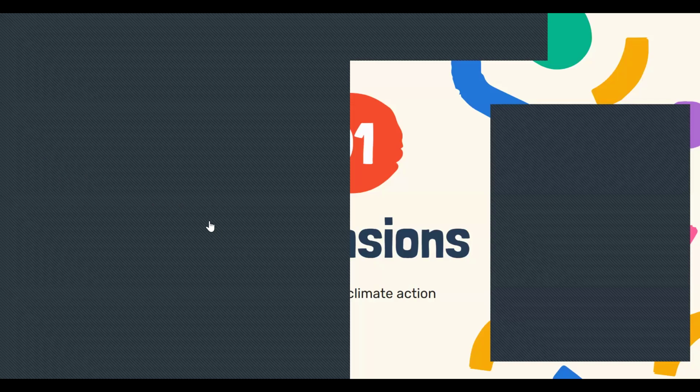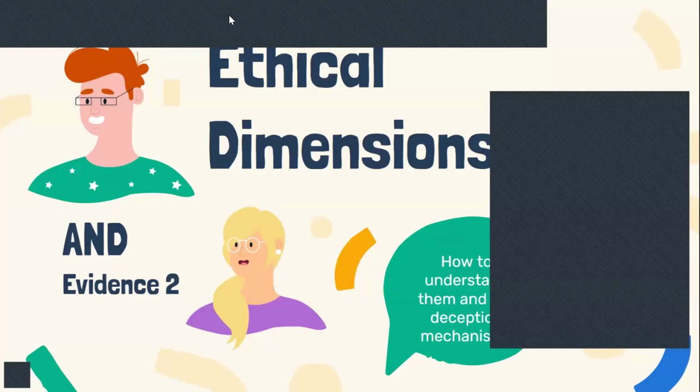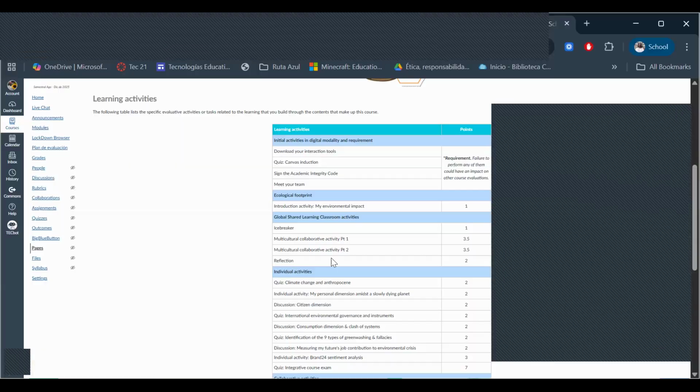For example, the evidence being 20% of the final grade. You want to know not how many points you have per activity, but how many points you can achieve?